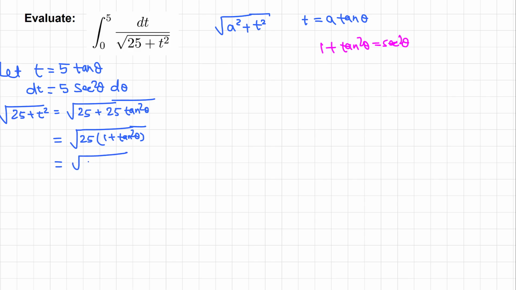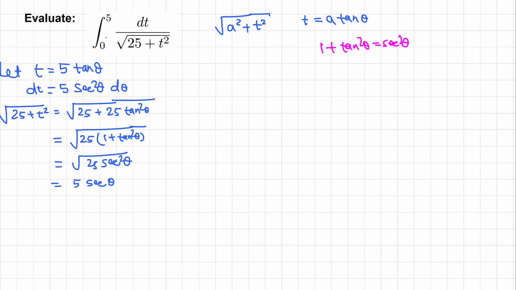Let me write one extra step: 25 times secant square theta. So the square root of 25 is 5 secant theta. So this one also simplifies.